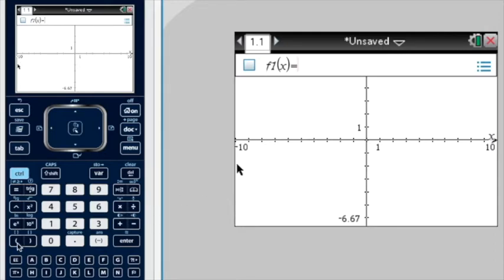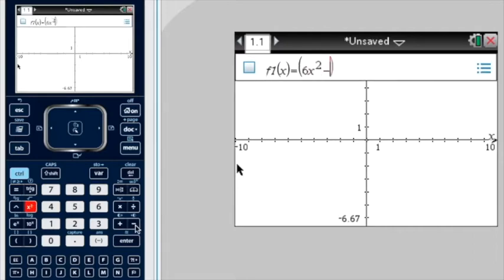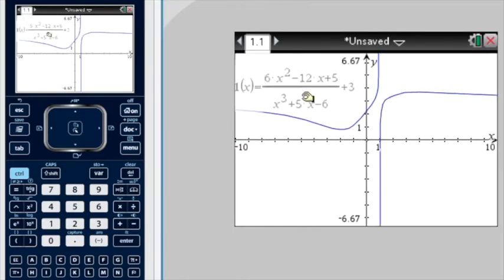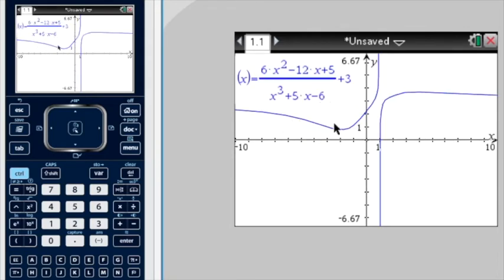I'll use brackets. 6x squared minus 12x plus 5 outside the brackets, divided by bracket x cubed plus 5x minus 6 outside the brackets, then plus 3. Enter. Okay, so here's a very interesting function. I'm just going to move the label up here. Okay, it's making some very interesting things.